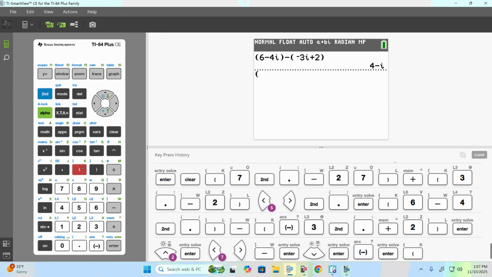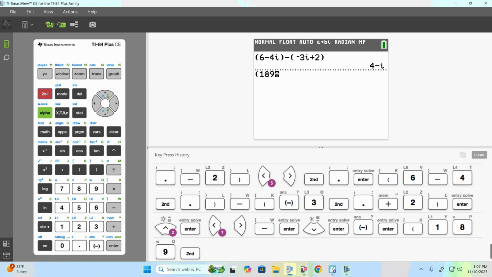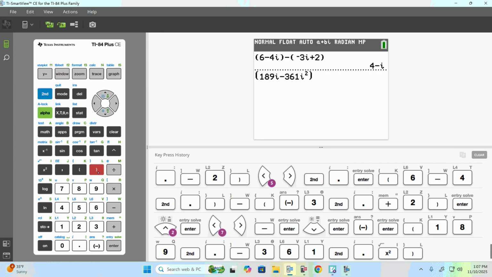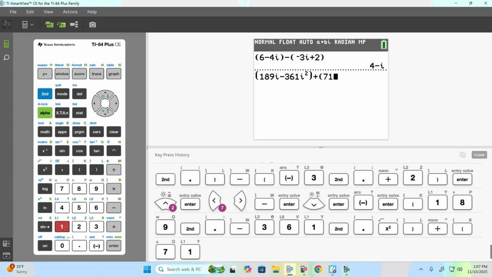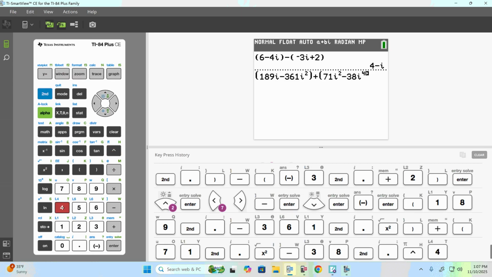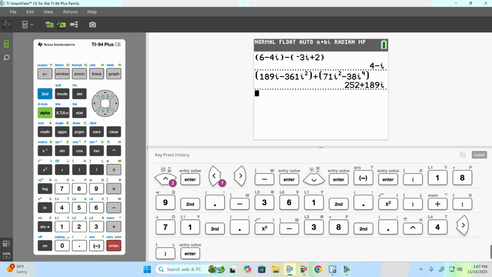Because even E, 189i minus 361i squared plus 71i squared minus 38i to the fourth. For our exponents, the button above the division key, that caret key, will let us do exponents. So we just put it to the fourth power.